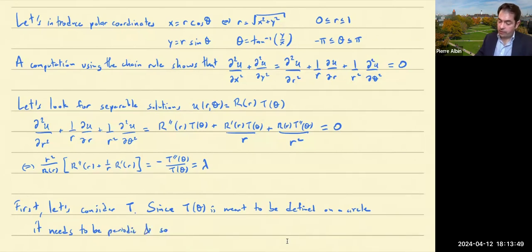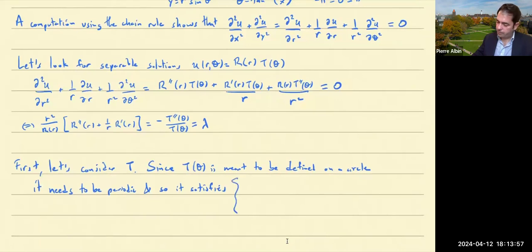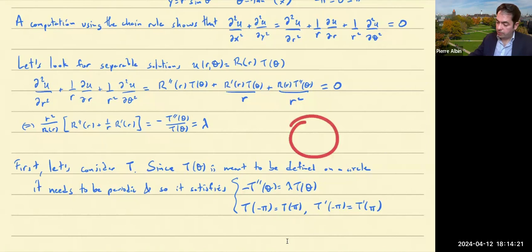And so it satisfies minus T double prime of theta equals lambda T of theta. And then I'm going to impose that T of minus pi is the same as T of pi, and the same for the derivative. T prime of minus pi should be equal to T prime of pi. Right? And again, that's because it's defined on the circle, and so it has to match up at minus pi and pi.